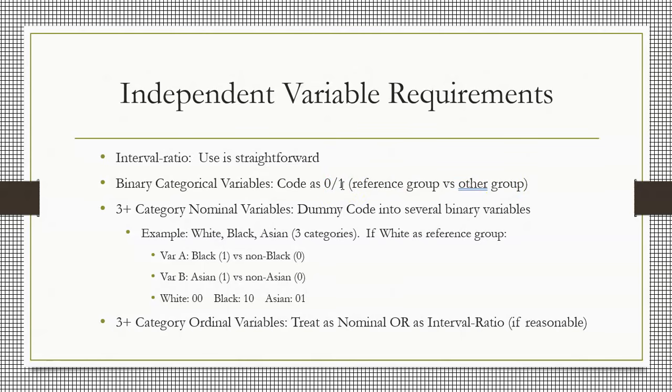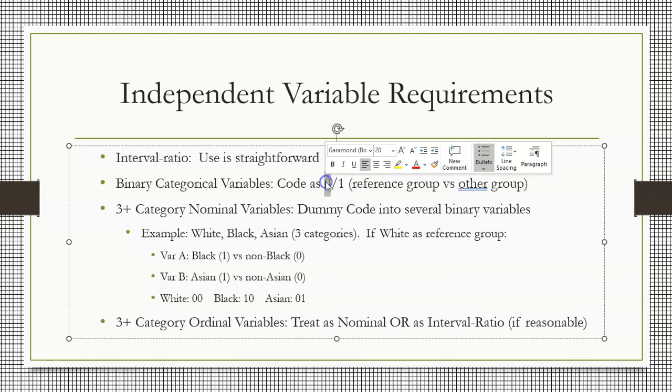And what you need to understand here is when we get our regression results out, when we have our estimates of our partial slopes, the partial slope that goes to this variable will essentially tell you how much higher the ones are than the zeros, okay? So that's what you want to think about in terms of deciding which group's 0 and which group's 1.